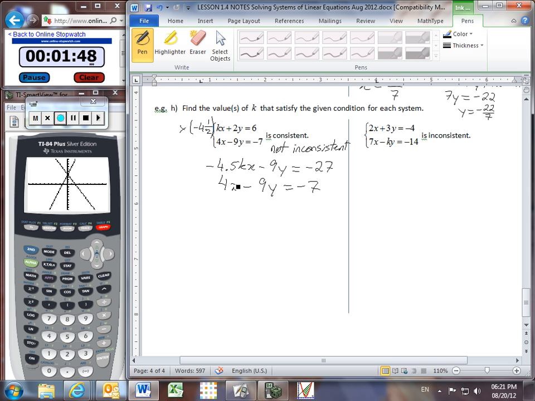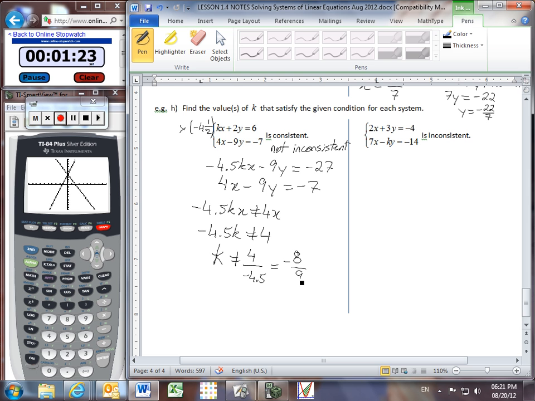The two choices then are consistent independent, which would mean that these values are different. So the coefficients can't be the same. And that must mean that k cannot equal 4 over negative 4.5 before I double it. K cannot equal negative 8 over 9, or that would give me a consistent dependent system.